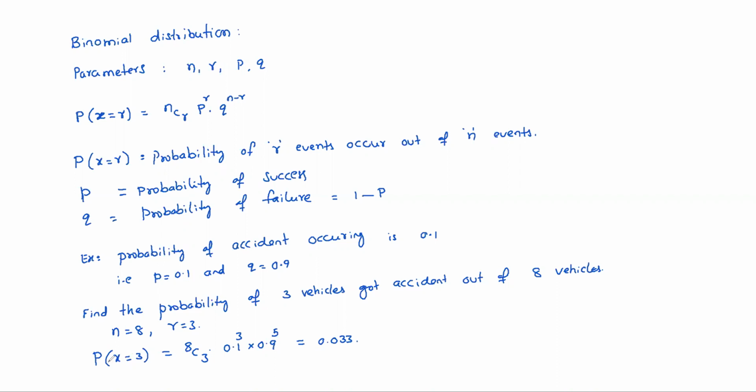So x is a random variable here. X can be 0, 1, 2, 3, up to n also. Okay. That means the distribution is like this. If you draw the probabilities, you may get this kind of pattern.